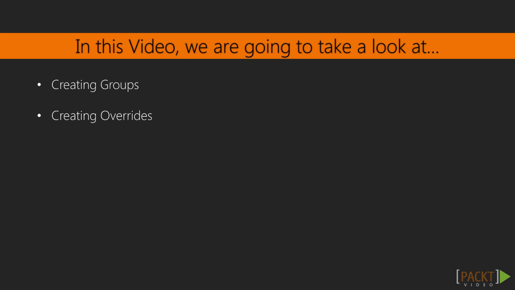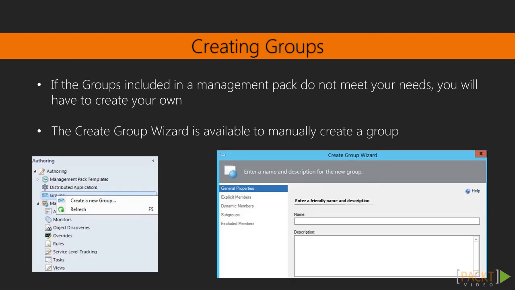As I mentioned in an earlier video, in Operations Manager, you can organize discovered objects into groups. But if the groups that are included in management packs do not meet your needs, then you'll need to create your own group. And you would create groups to target them for override settings or to just group similar objects together.